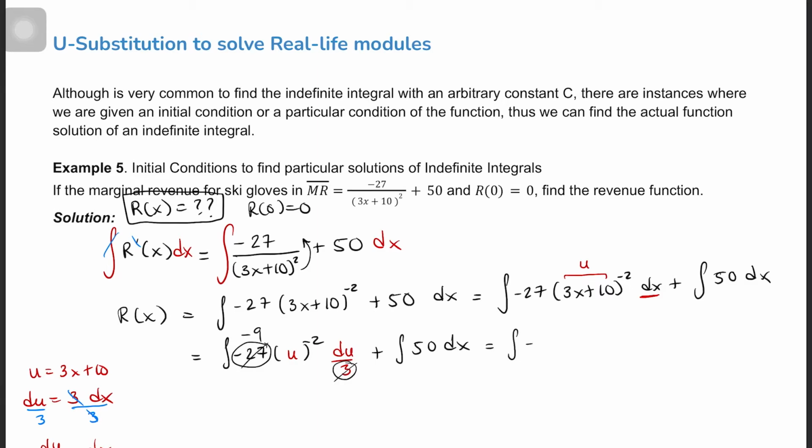The antiderivative of negative 9 u to the negative 2 du plus the antiderivative of 50 dx. And if you notice, you've got to be careful, because the first integral is in terms of u and the second integral is in terms of x, but that should not be a problem. We should work with them independently of each other. That's why we separate them in this line.